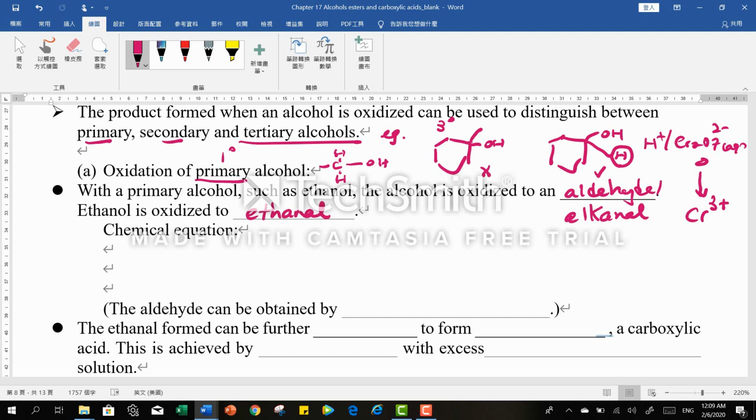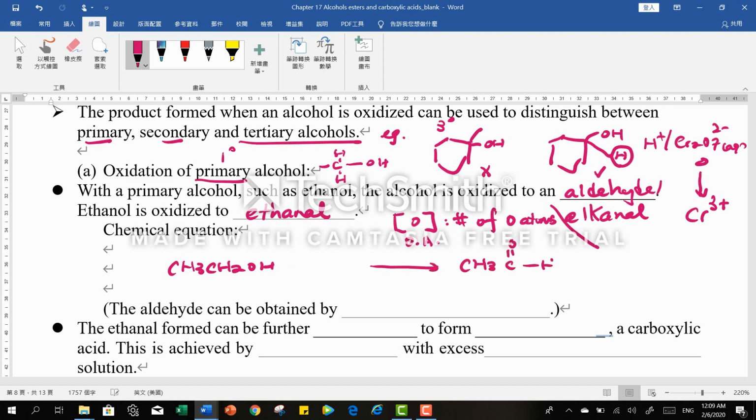Now how can we write a balanced chemical equation? As I told you, when we write balanced chemical equations for organic reactions, normally we will not be so detailed. We just use [O] in brackets to represent the oxygen atoms. At the same time, it means the oxidizing agent as well. So ethanol, you know that it will turn to ethanal, right?